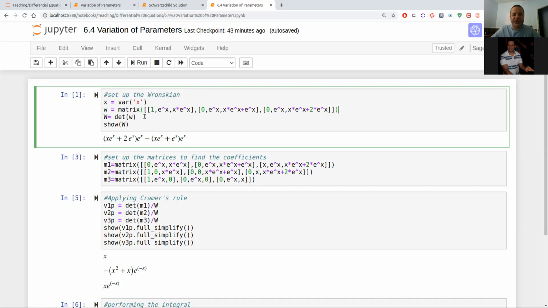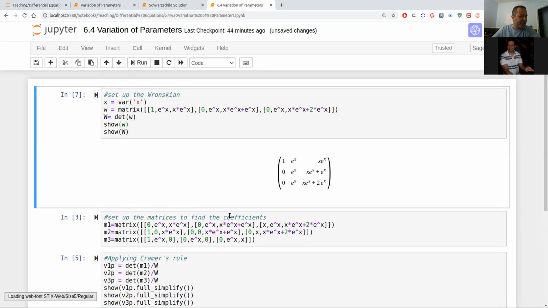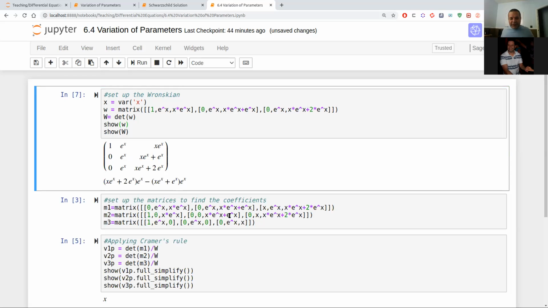I can actually show it too, so you can see what it looks like. Just to check, make sure it's the right matrix. I'm looking at my paper. Yes, that is the right matrix.